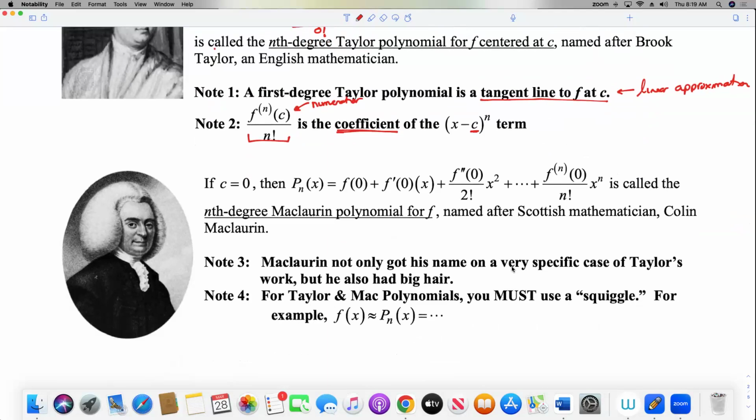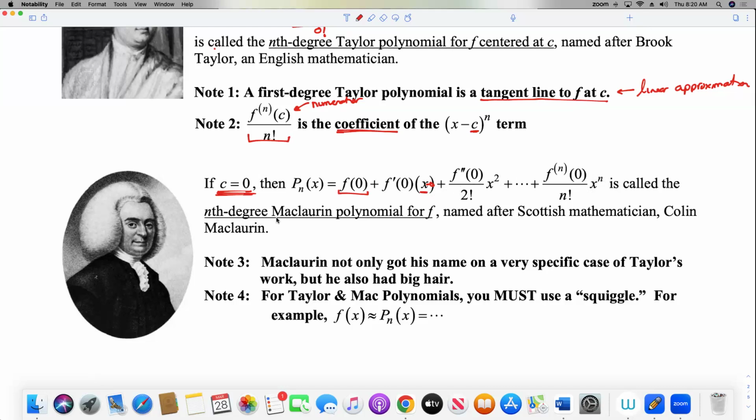All right, now with Taylor polynomials, there's a special one. If the center is 0, then the Taylor polynomial is just whatever f of 0 is plus f prime of 0 times x, and you notice that we don't have to write x minus 0, even though you'll see me writing it in some of the examples, because x minus 0 is just x. x minus 0 squared is x squared. x minus 0 to the n is just x to the n.